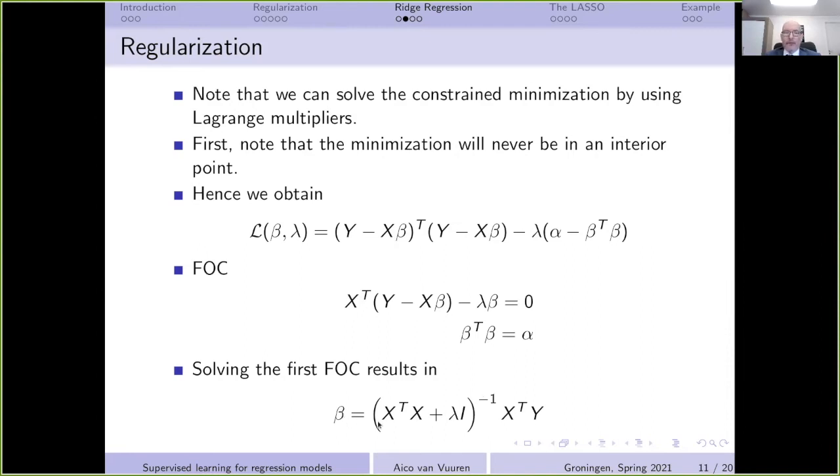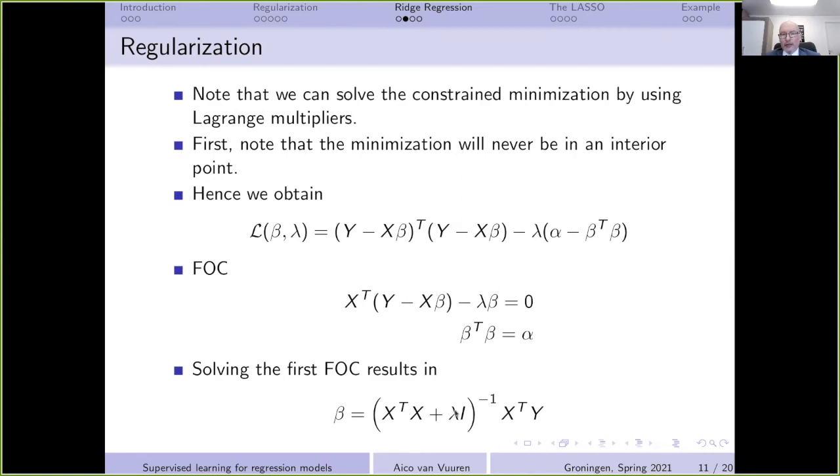That is important to realize, because why could we have perfect multicollinearity in this case? Among other situations, that is always going to be true when the number of observations is less than the number of regressors. If we have more regressors than observations, then this thing is always going to be singular.